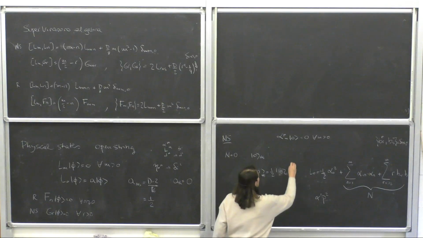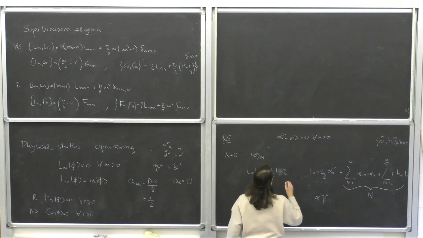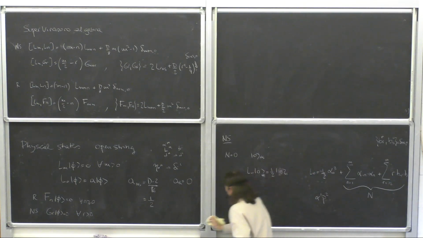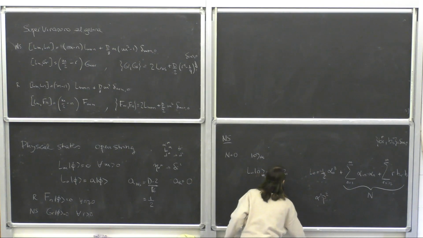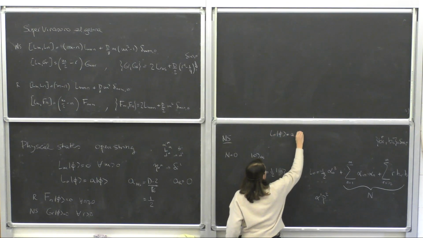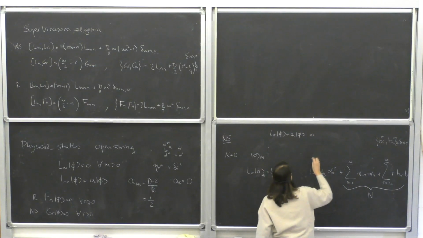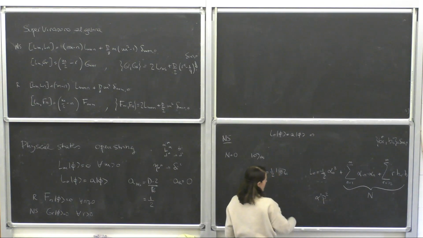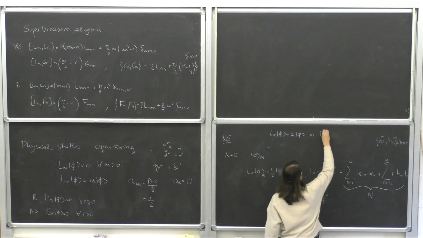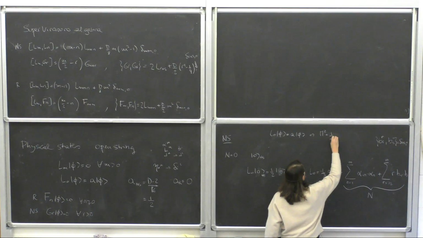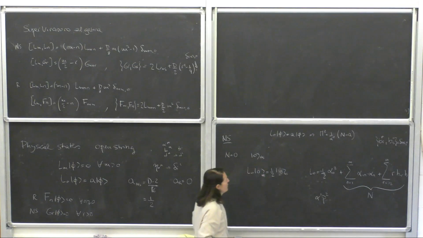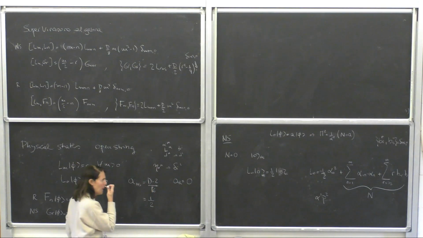So if we do it in general, not for the vacuum, the condition L_0 phi equals a phi is going to tell us, with the eigenvalue of p squared being k squared, which is equal to minus m squared, that the mass squared is 1 over alpha prime times (N minus a). So we have a tower of states.